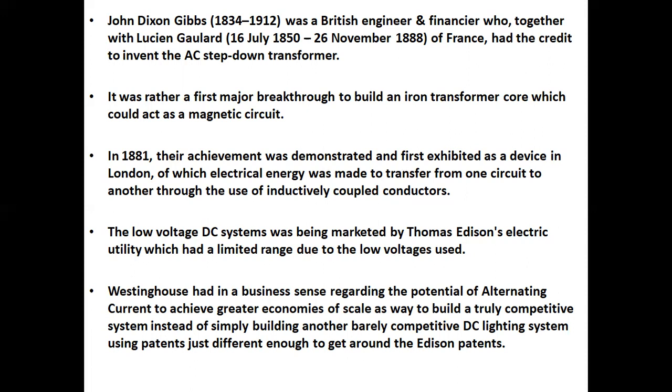Westinghouse recognized, in a business sense, the potential of alternating current to achieve greater economies of scale, as a way to build a truly competitive system instead of simply building another barely competitive DC lighting system using patents just different enough to get around Thomas Edison's patents.